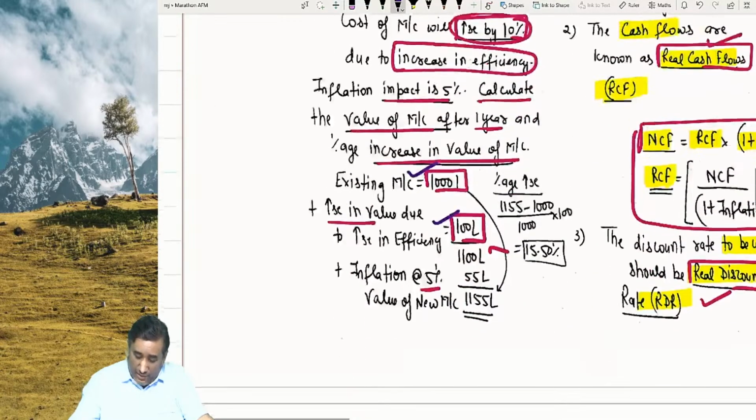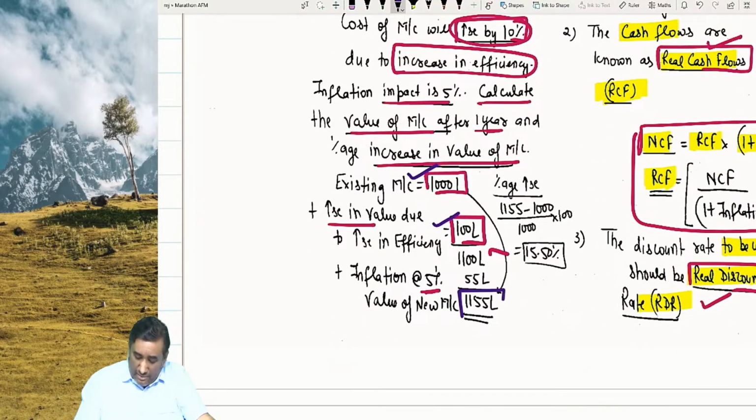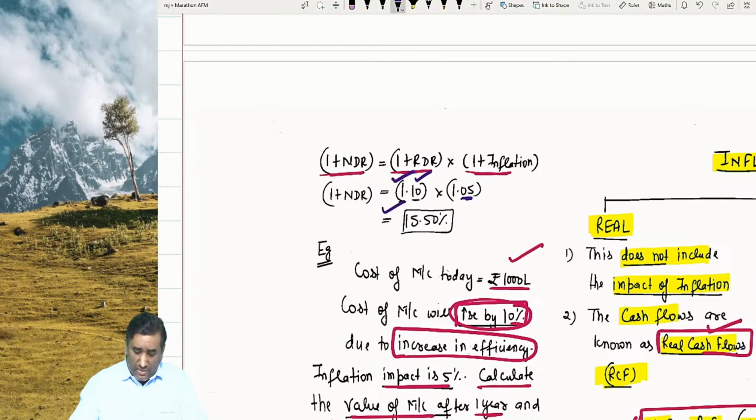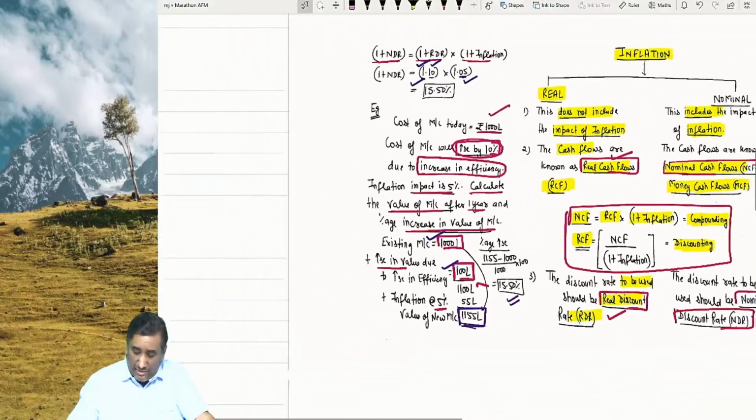And if you look at the increase, the value of the machine becomes 1155. 1000 lakh plus 100 plus 55, percentage increase is not 15%, it is 15.5. And why does 15.5 come in? Because the impact of 1 rupee has come and then the impact of 10% has come, and that is why this formula also gives you the same thing, 1.1 into 1.05. So we call it a multiplicative effect.